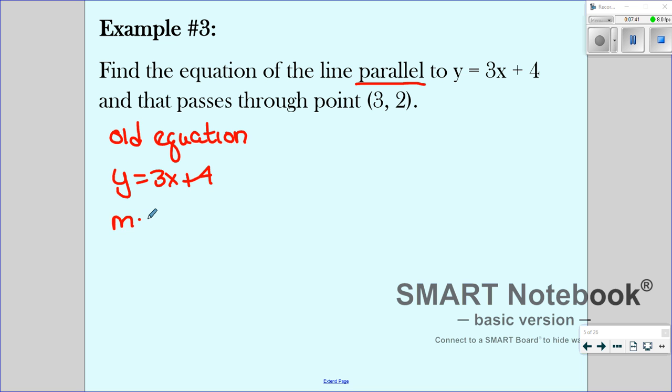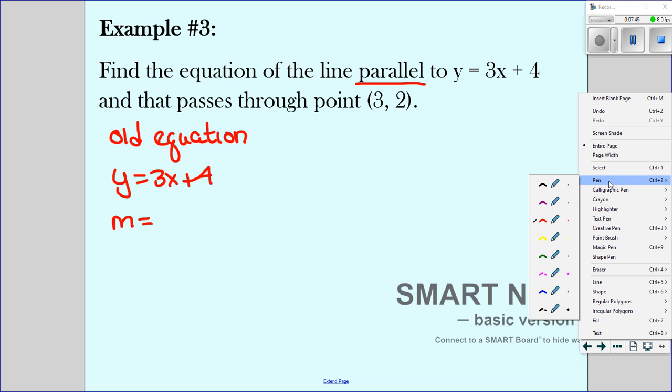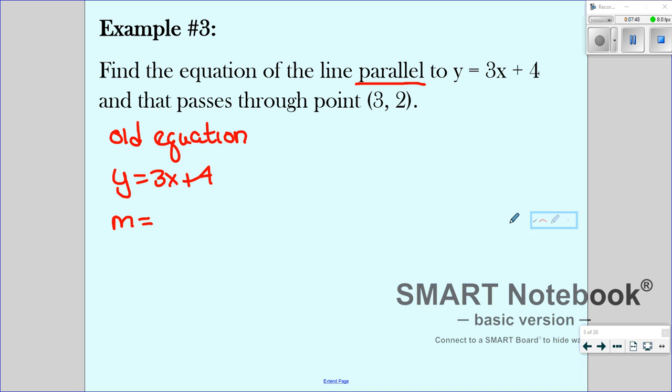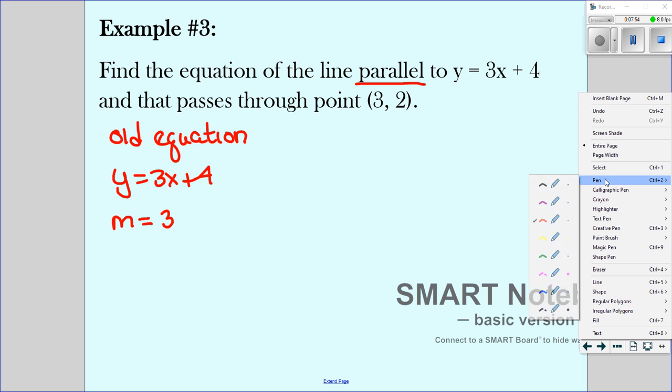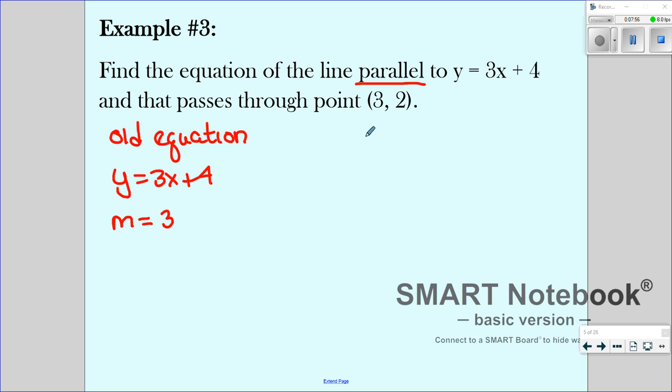For this one, we need to know what the slope is going to be for the new equation. For the old one, the slope is 3. Now for the new equation, I'm going to put y equals mx plus b because I have to create it.